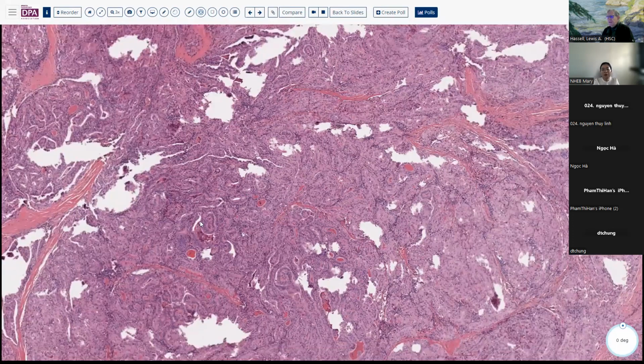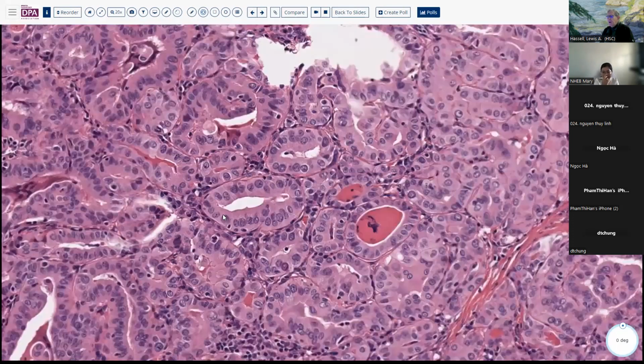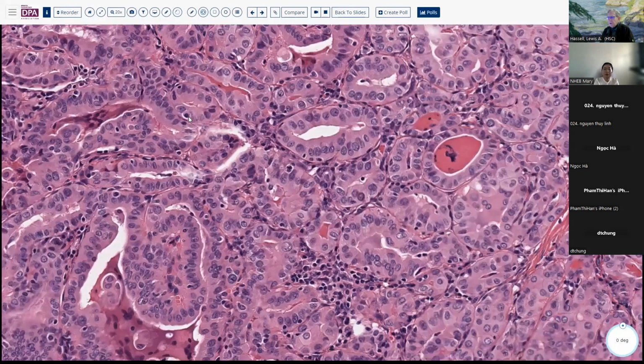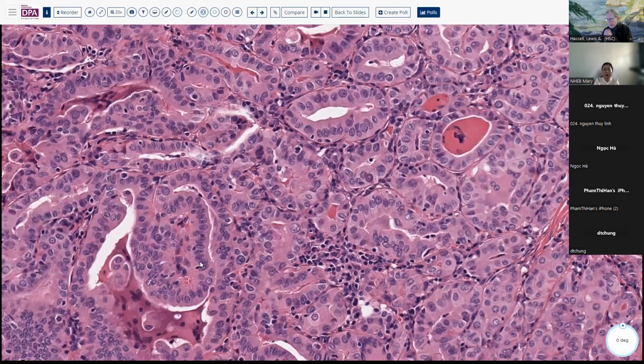And as you can see, here we have a very nice demonstration of the nuclear atypia that we associate with papillary carcinoma. Some overlap, some nuclear grooves, occasional inclusions, and some micronucleoli, and so forth.